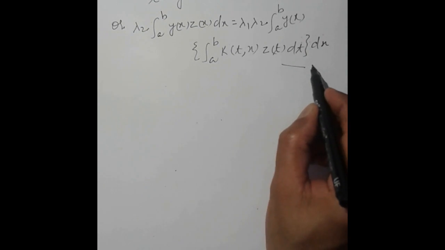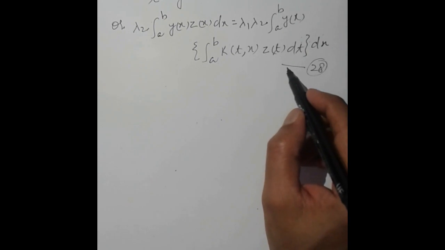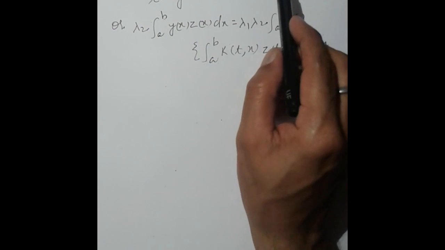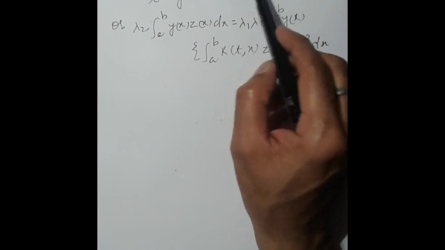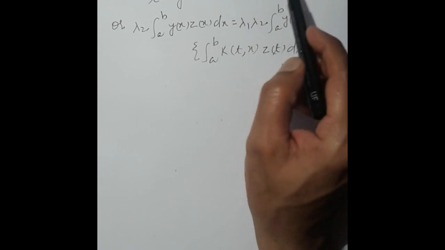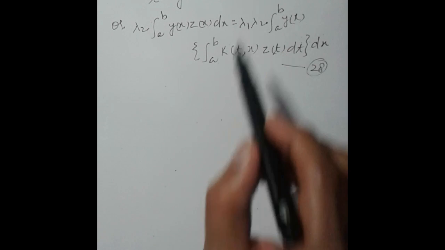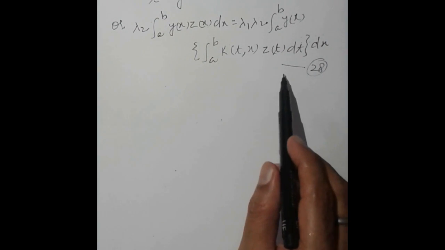This equation is denoted by 28. Here we take x equal to t and t equal to x in the right hand side of this equation. Then we have this.